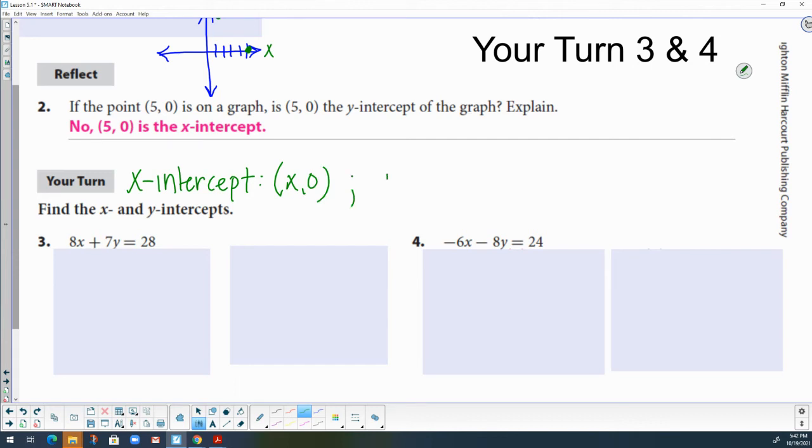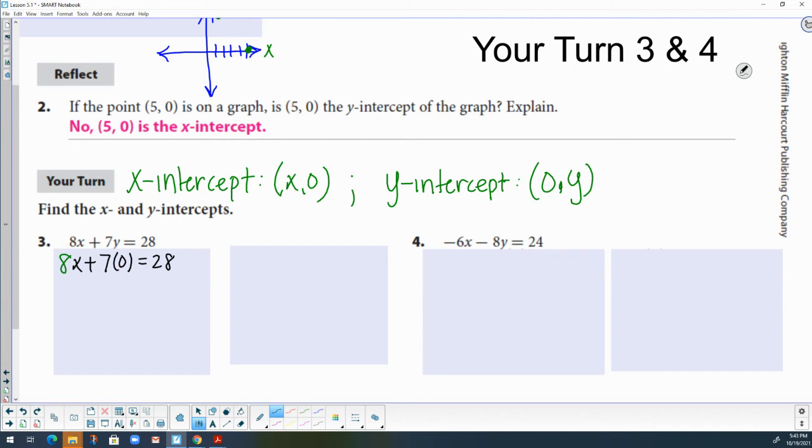And then my y-intercept is going to be 0, y. So I'm going to solve for my x-intercept first. I'm going to substitute in 0 for my y.